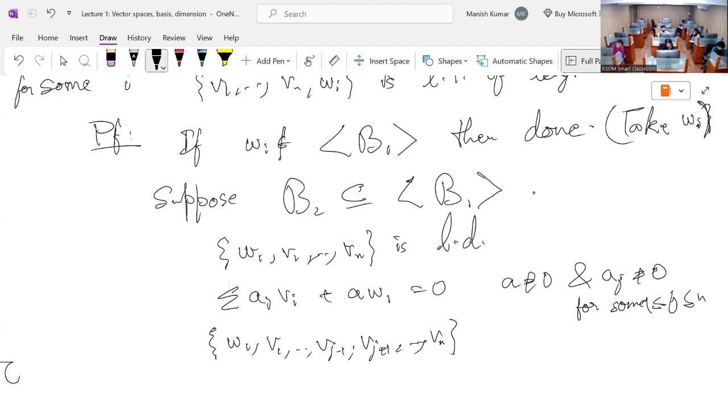If you look at the span of this, Vj belongs to it, because Vj is a linear combination of W1 and the remaining Vi's, and the Vi's span the whole span of B1. So the span of this is the same as the span of B1, because we have removed something which is a linear combination of other guys.